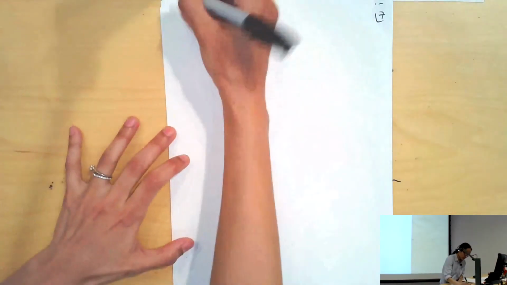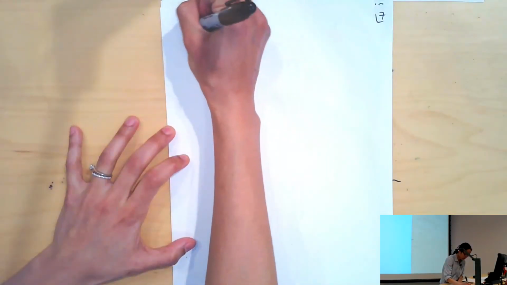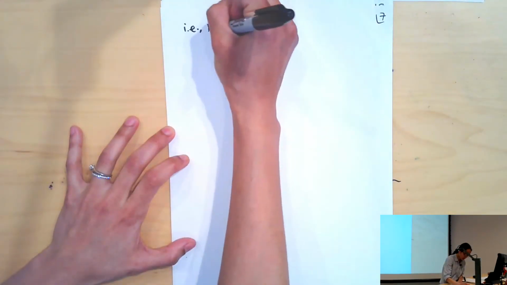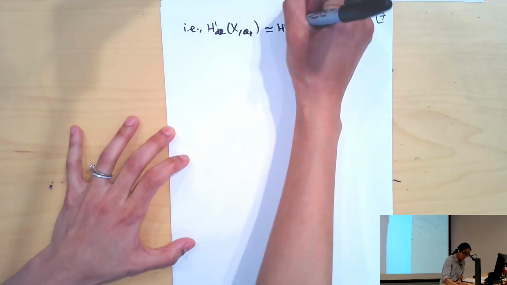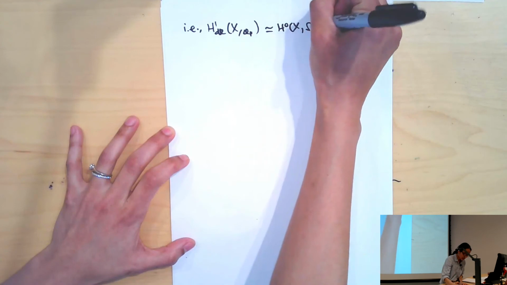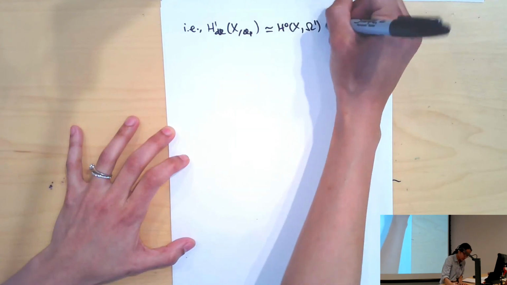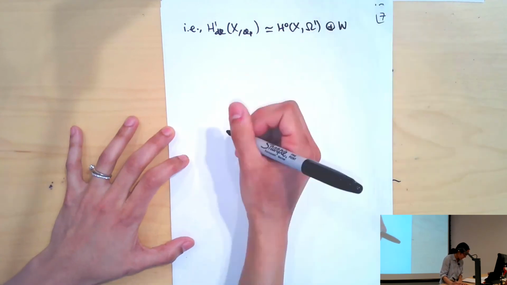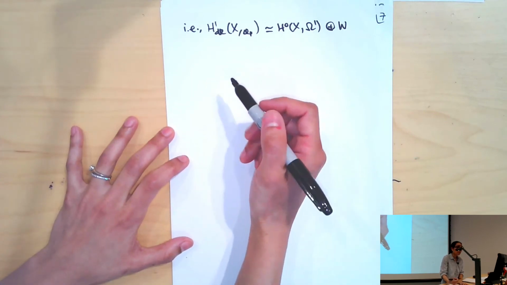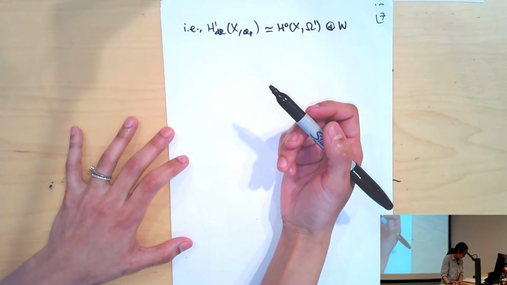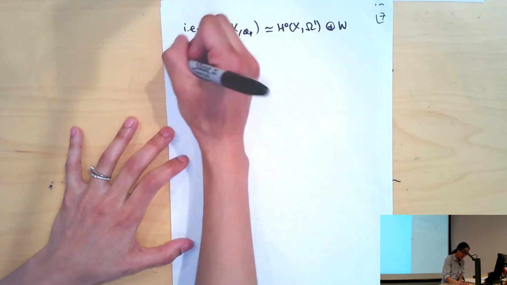So in other words, we have that H1 de Rham of X over Q_p is the regular one forms plus W. And we want this to be isotropic with respect to the cup product pairing so that we have a symmetric pairing for our height.